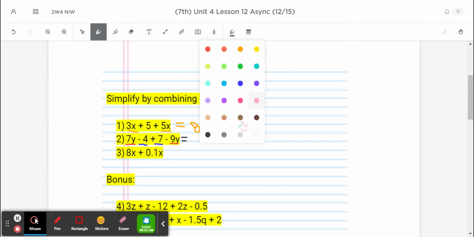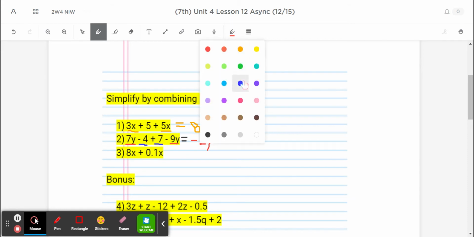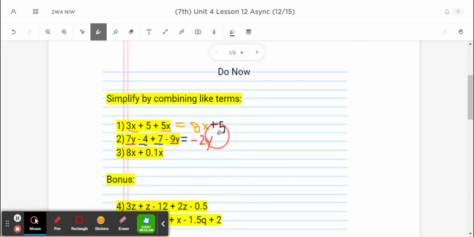If I have 7y and I take away 9y, this is a little tricky, but I end up with -2y. Now, if I have a -4 and a +7, you could think of this as -4 plus 7, or you could just think of it as 7 minus 4. Either way, we end up with a +3 for 2y plus 3.